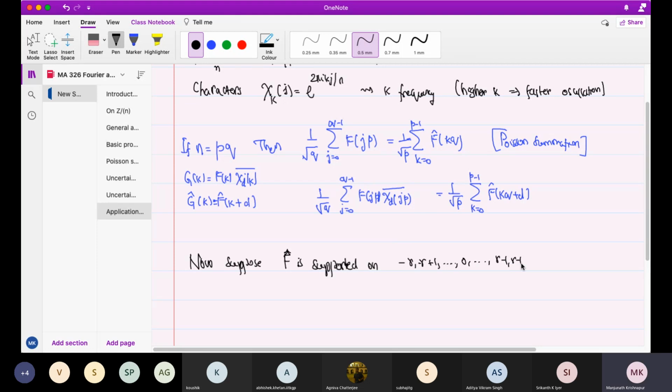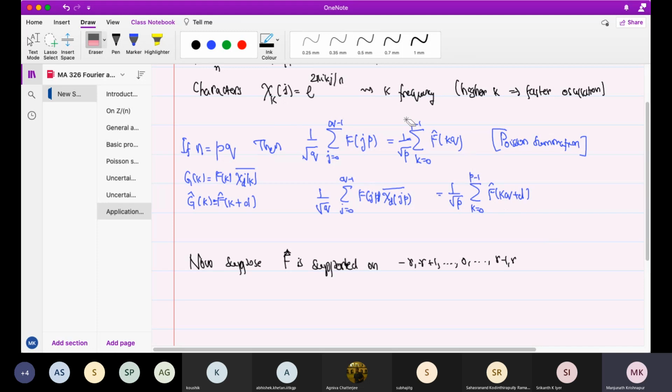Sir, is that f hat of kq plus d or kq plus dq? No, it is just shifted, right? No, the rightmost in the Poisson summation. Is there a dq there? No, this is the Fourier transform at kq, right?